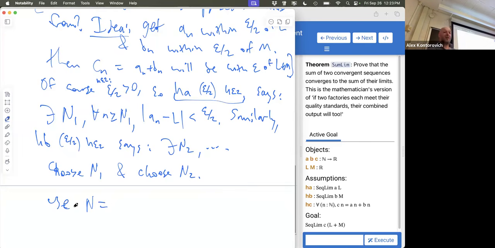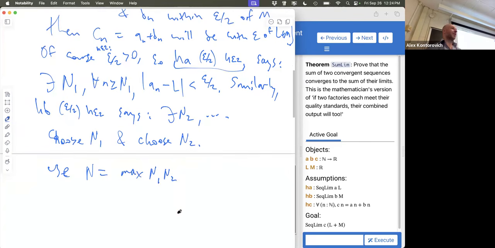John: the max. Okay, the max is the natural thing to do. But if we use the max, then I have to tell you how to deal with maxes formally. So let's not use the max. Let's be crude. Just add them. So you're absolutely right. The max is the right thing to do. We're not going to do the right thing, but we'll do something that's good enough. We'll just add them. N1 plus N2. Then, okay, so that's our capital N. What's our new goal? Current goal.